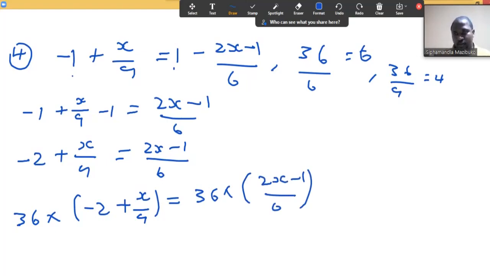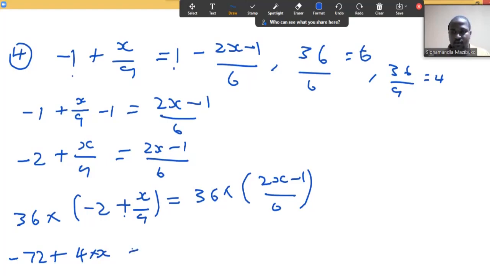Multiplying 36 with 2, we should be getting minus 72. 36 divided by 9, we said we're getting 4, and we have positive here, so we keep our positive, so we have positive 4 multiplied by x, which is just 4x.